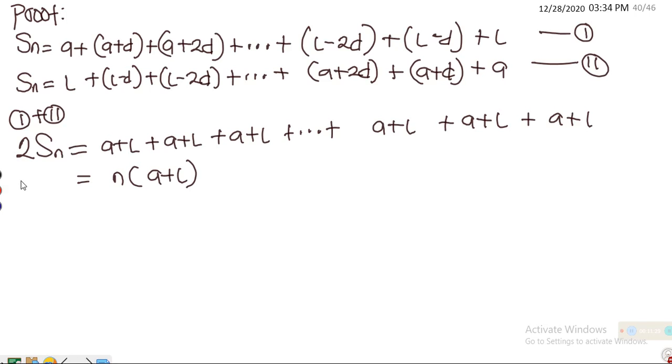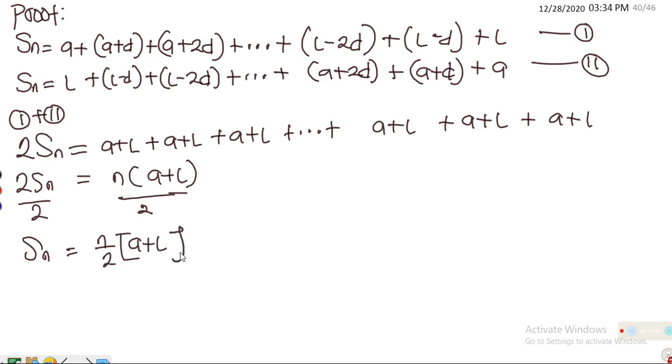Okay, so dividing both sides by 2, you have Sn equals n over 2 bracket A plus L, and that gives us formula 1.